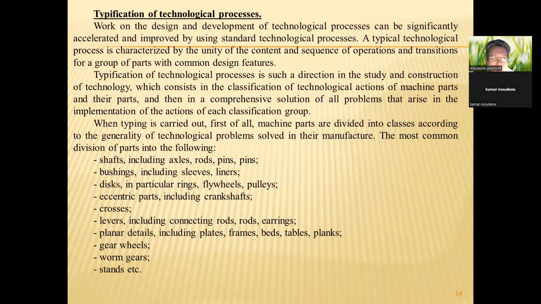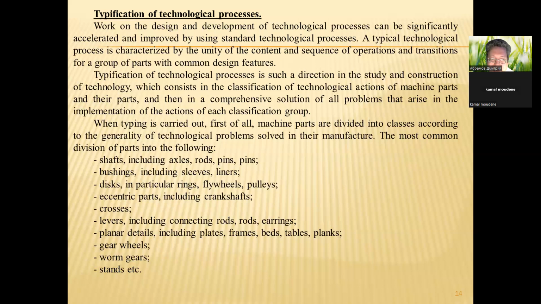Typification of technological processes is such a direction in the study and construction of technology which consists in the classification of technological actions of machine parts and their parts, and then in a comprehensive solution of all problems that arise in the implementation of the actions of each classification group.